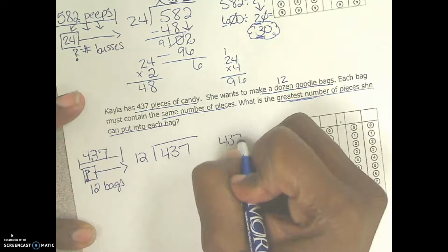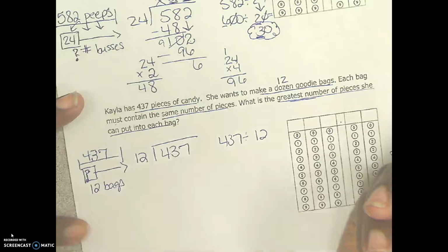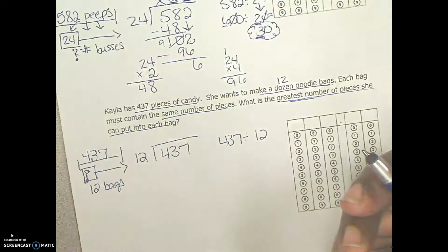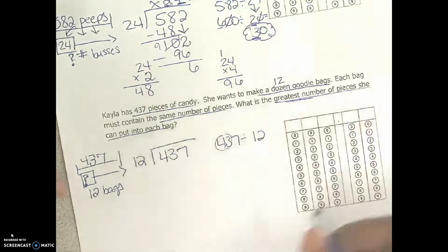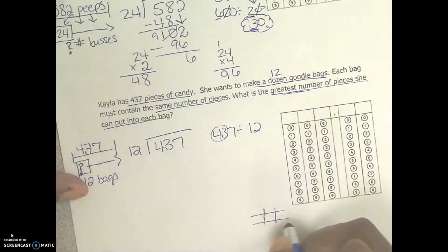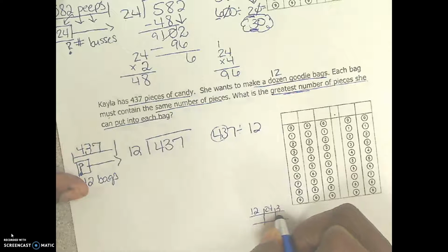My quick estimate. I know my 12 facts, right? So I can say 12 times what gets me close to 43. Remember, if you don't know your 12 facts, you can do your tic-tac-toe. 12 times 1, 12 times 2, 12 times 3, 12 times 4.